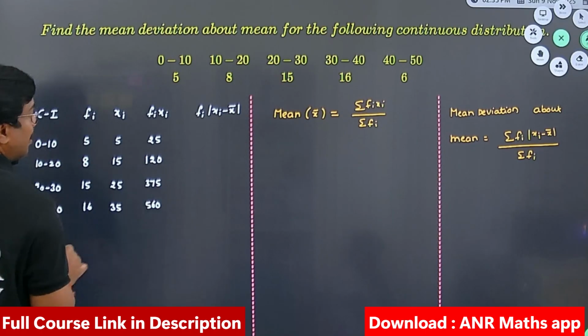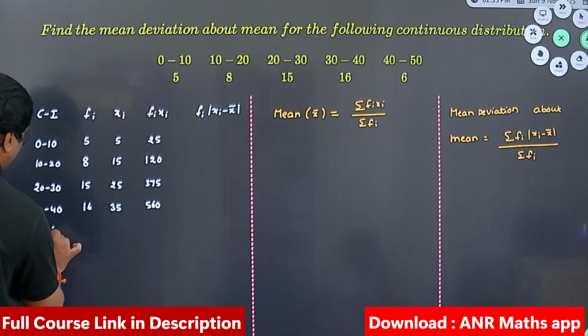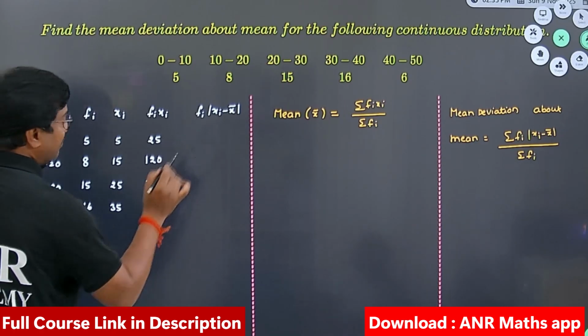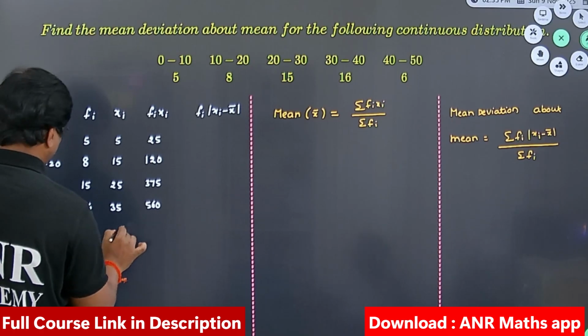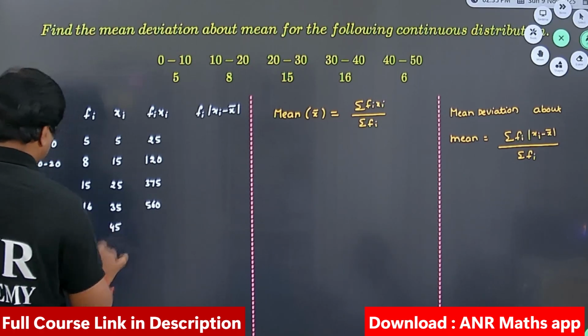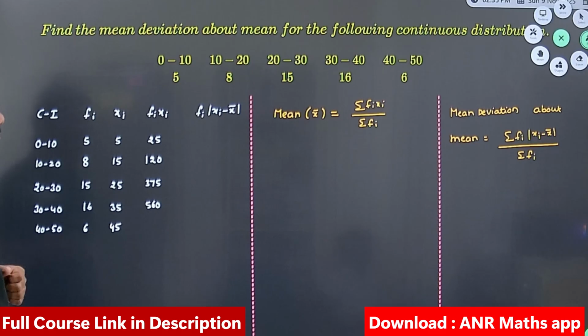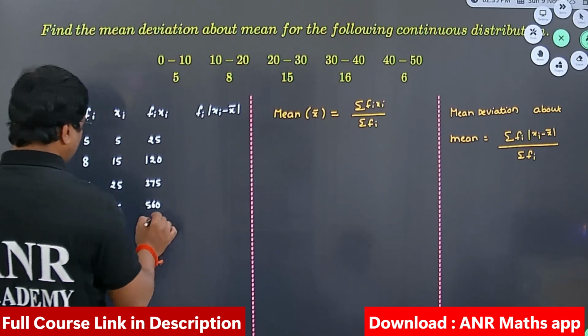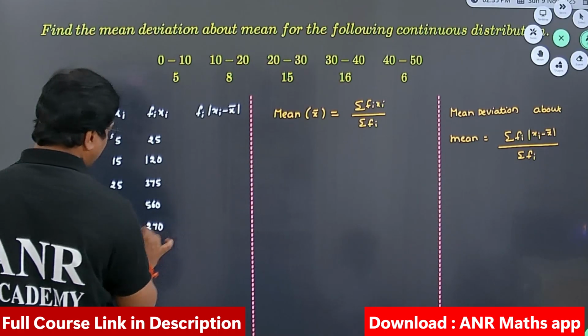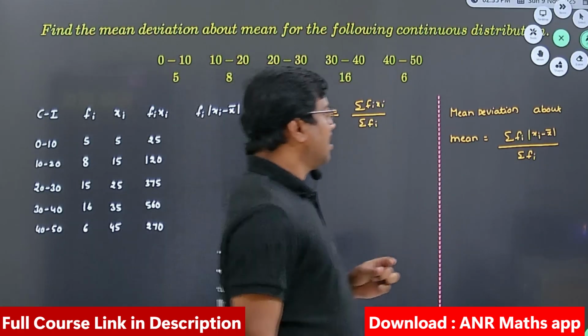Okay, next and last interval, 40 to 50, frequency given in the tabular form is 6, here mid value or xi is 45. Now 45 into 6, 270 it is.